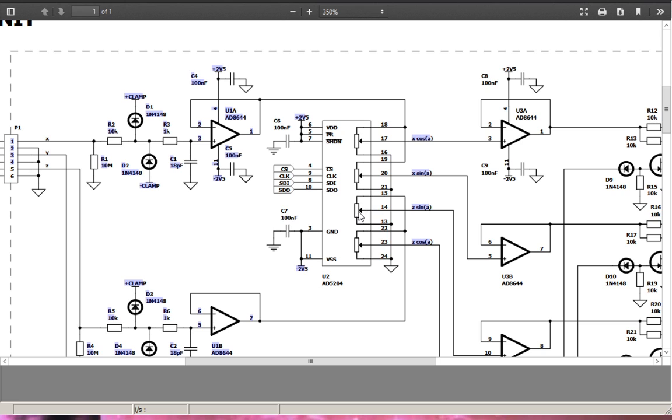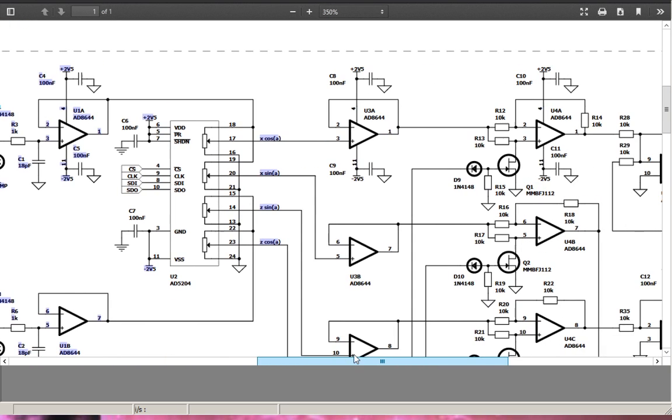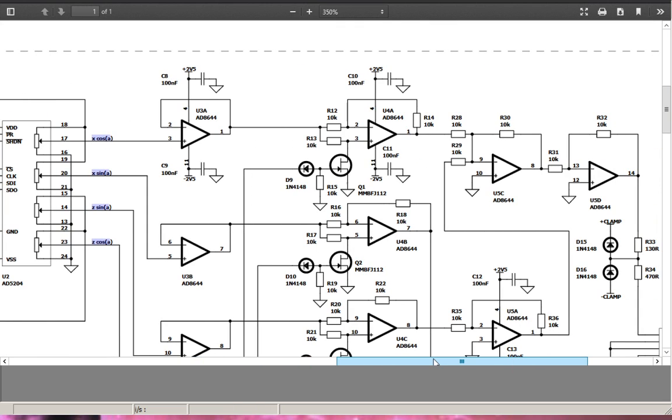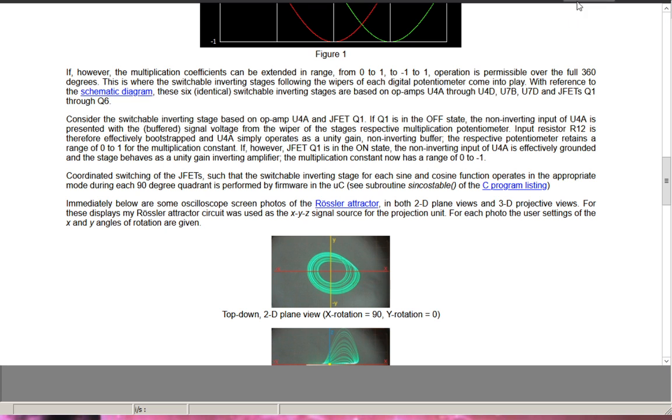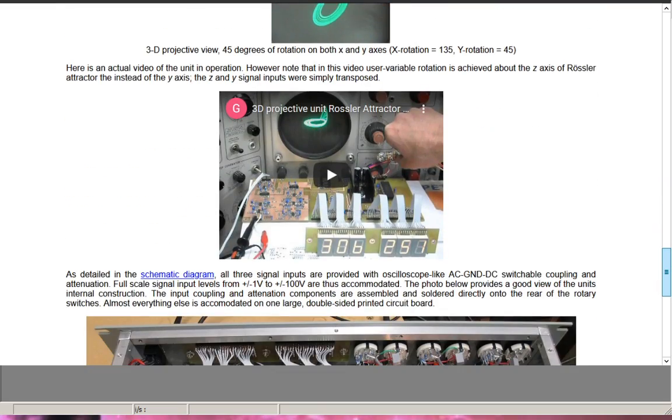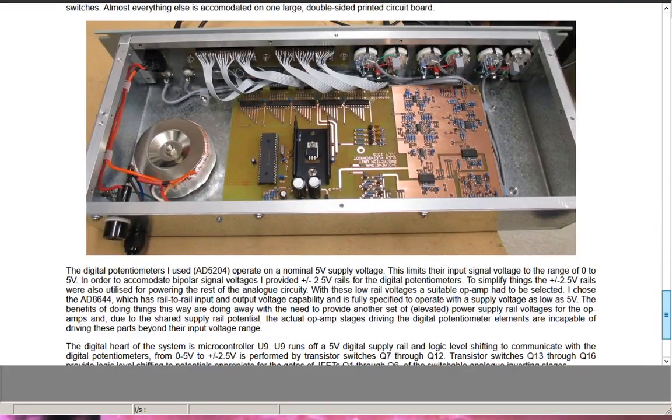That's just a center tap connector here, whatever this is. Holy shit. Look at this coil over here.